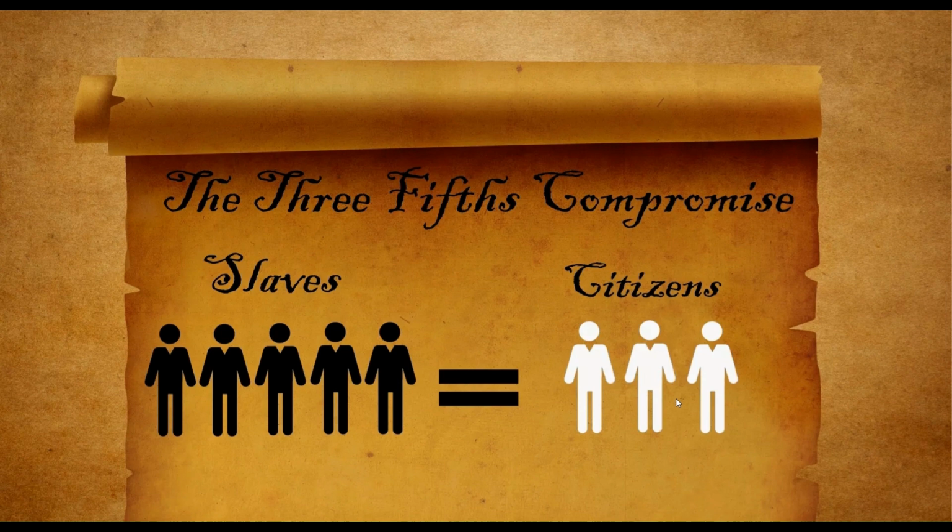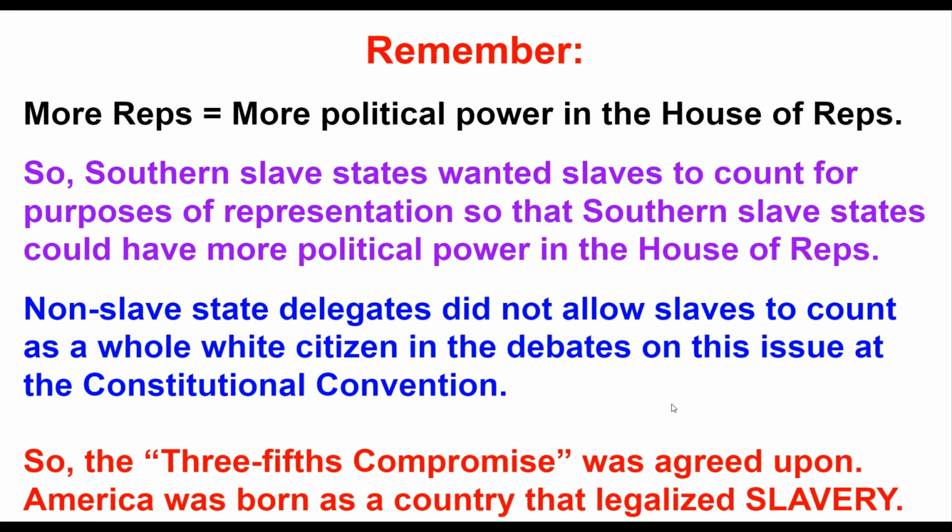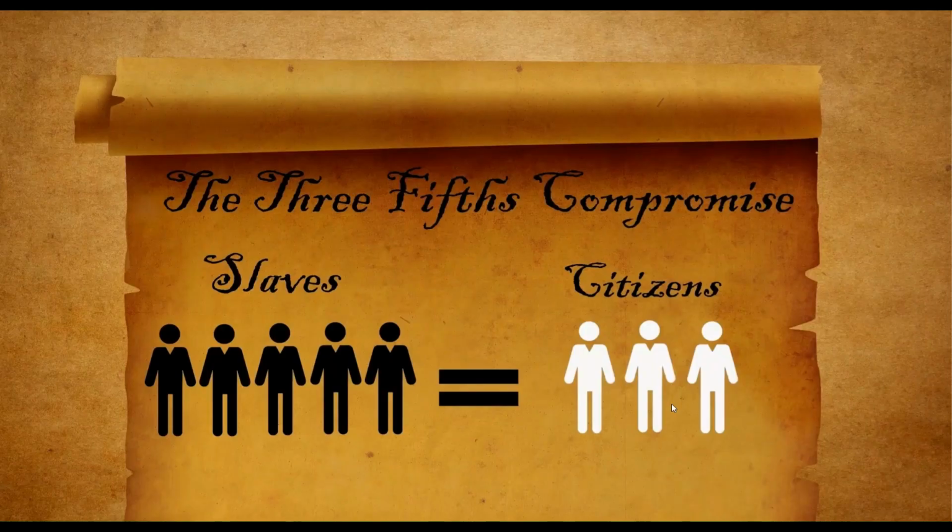So both the South and the North, during the Constitutional Convention, came up with this weird compromise where 5 slaves counted as 3 white citizens. Huh. That's racism.